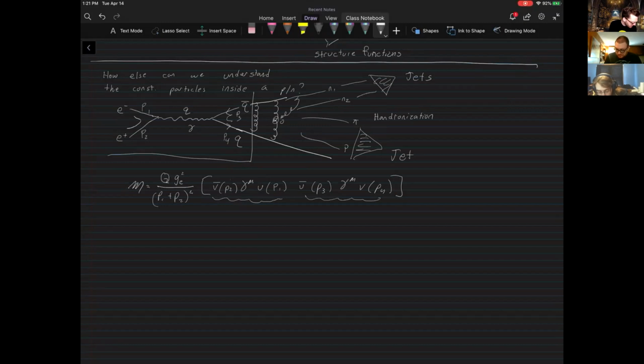What is this Q thing? This Q thing is just telling me about the charge of the quark. This is the charge of the electron squared, and this thing here has got to be something like the fractional charge on a quark.